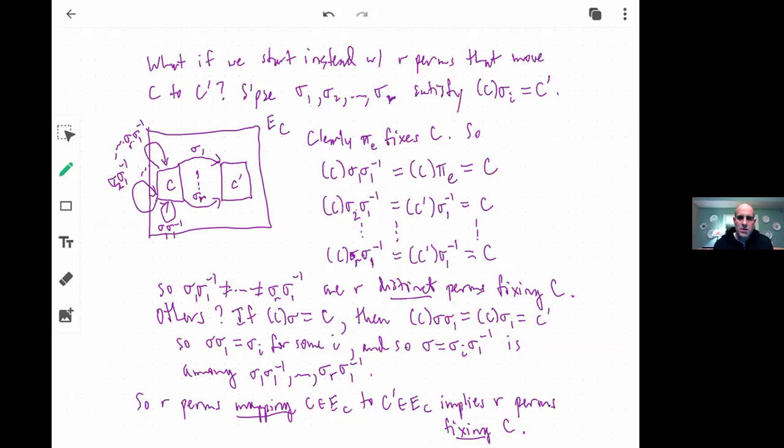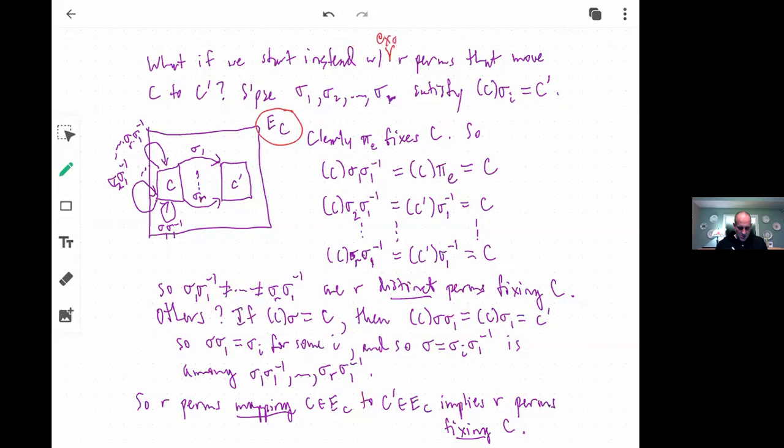I'm going to go backwards. What if instead you started with R permutations that move us from C to C prime? So suppose there are exactly R permutations that move us from C to C prime, in C's equivalence class.